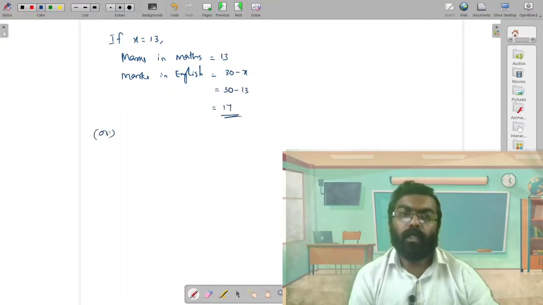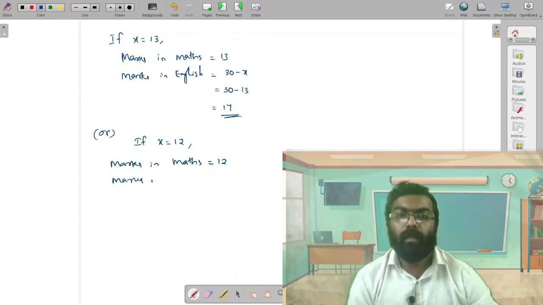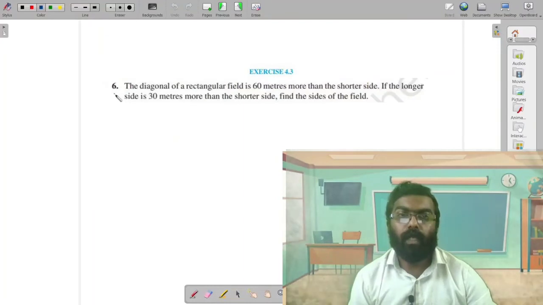Or another situation is, when x equal to 12, then the marks obtained in maths will be equal to 12 and the marks obtained in English will be equal to what? 30 minus 12, which is equal to 18. So the different pairs are 13, 17 or 12, 18. Is it clear? Now we move on to the next question.